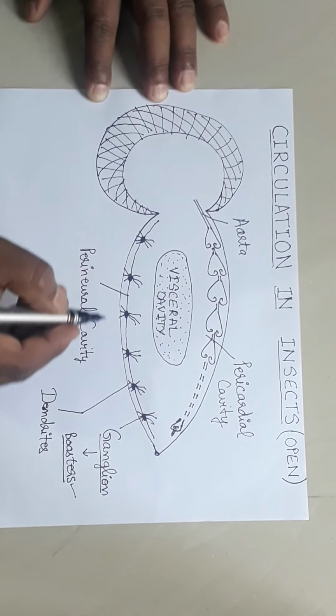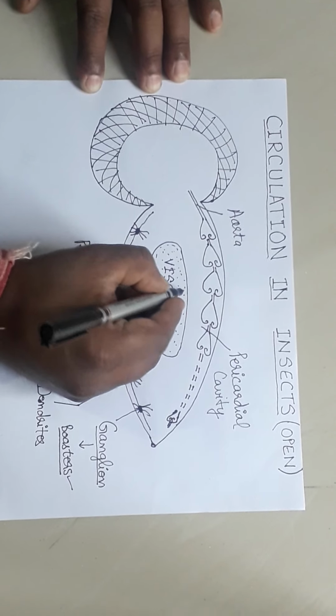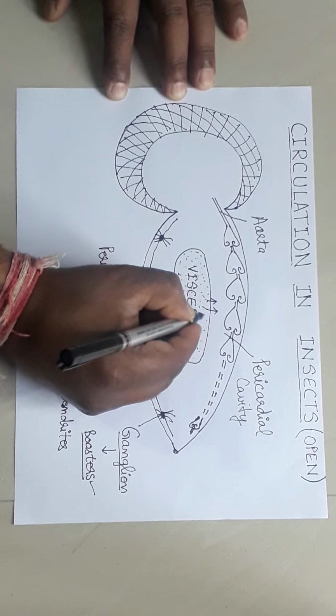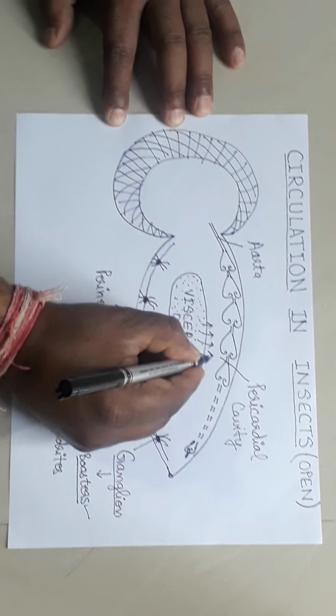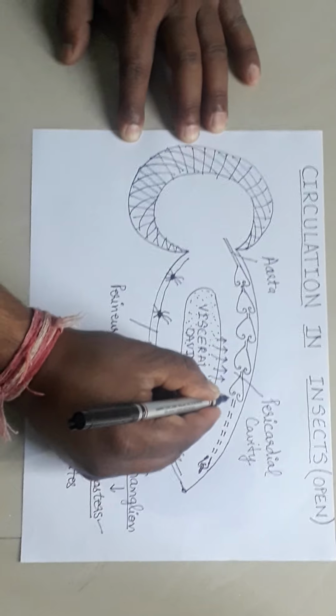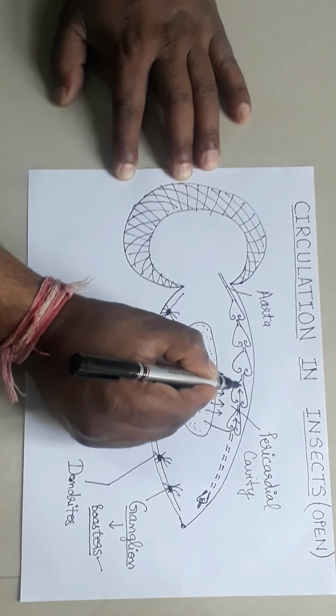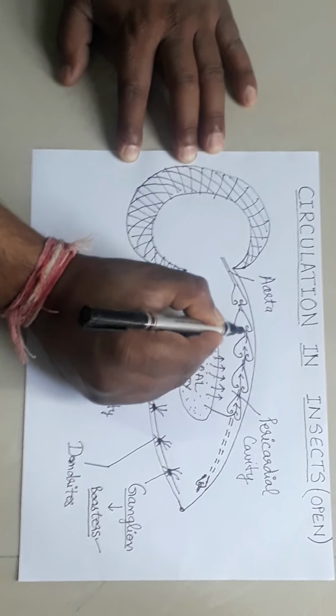What happens from the visceral cavity when the organism is active? This fluid enters the pericardial cavity, and from here it enters these chambers, known as heart-like structures.